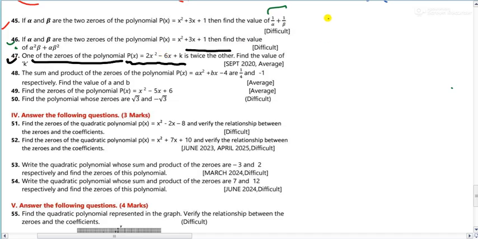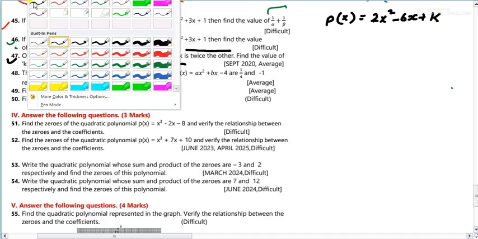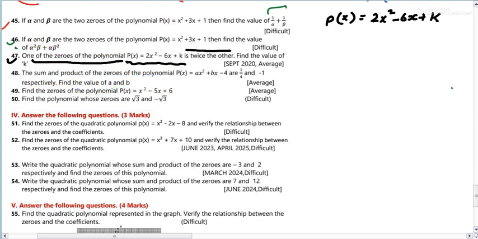Here they have given p of x as 2x square minus 6x plus k, right? This is the polynomial they have given, and they are asking you to find the value of k. But one more data they have given: one of the zeros is twice the other.